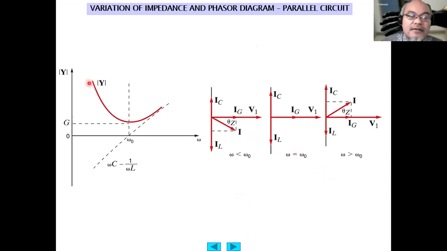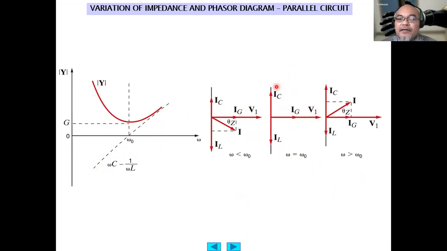It looks similar, the graph, but now instead of impedance it is admittance. As a function of ω, it is lowest at the resonance frequency, where the gradient is ωC minus 1 over ωL. When ω equals ω0, the current at the conductance IG is in the same phase as the voltage source.